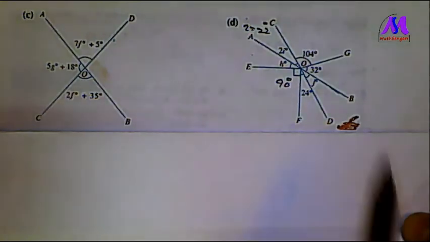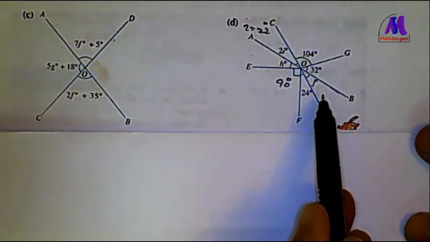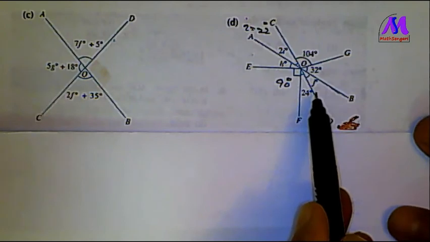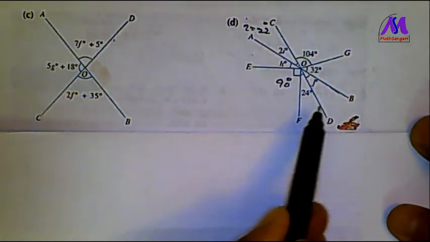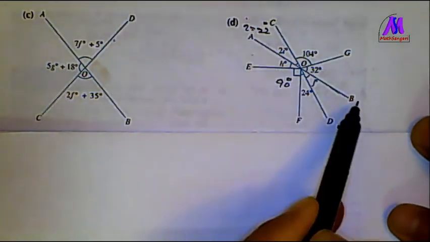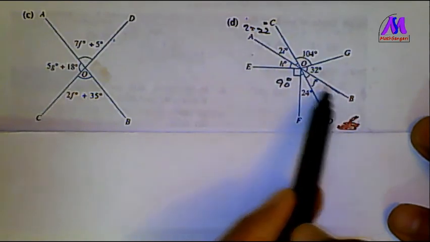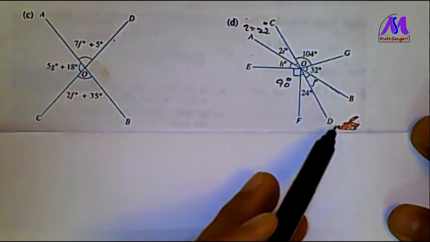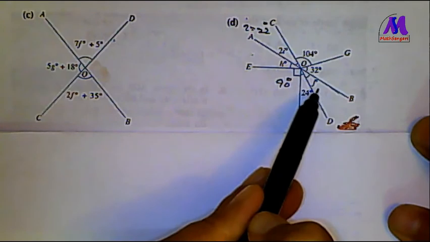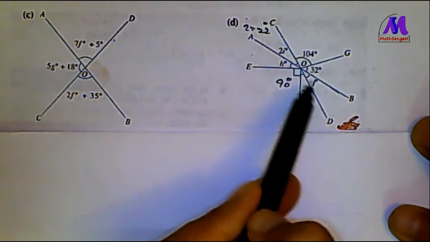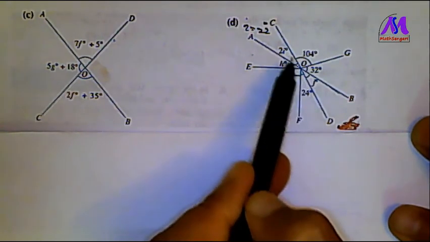Now finding the value of f. If you concentrate here, two straight lines AB and CD intersect, so it means f and 2i are both vertical opposite angles.